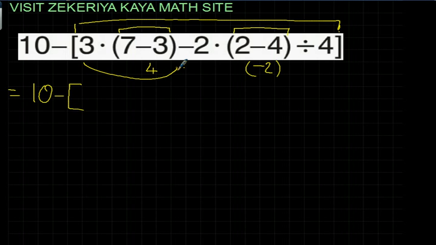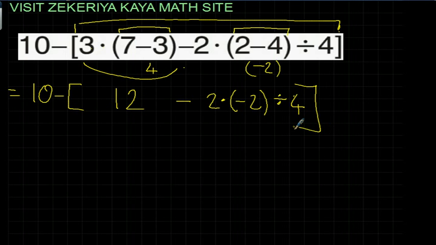So I can make that multiplication. 3 times 4. What is that? 12. Okay? Minus, look at that. 2 times minus 2 divided by 4. They are next to each other. Remember that division and multiplication, if they are next to each other, we must do it from left to right.